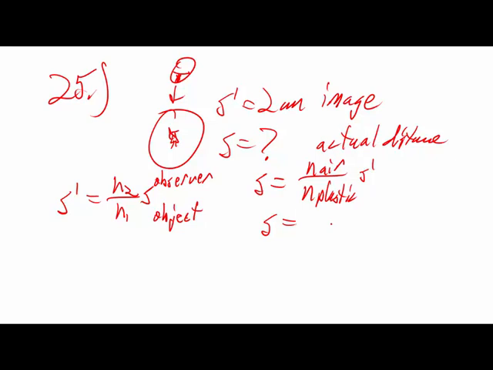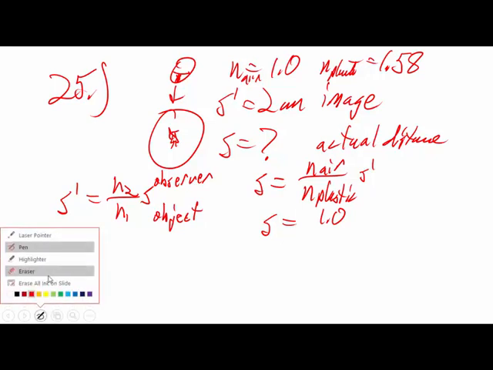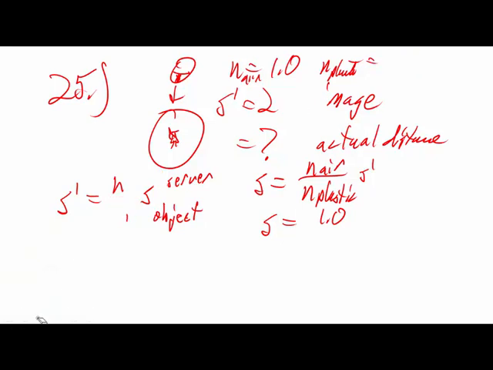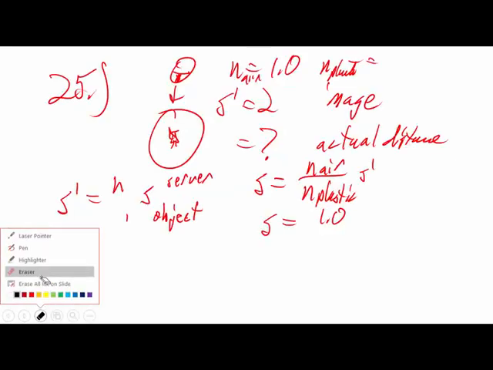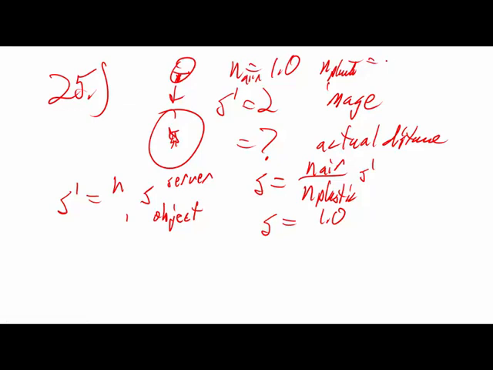So S, the object distance: N of air, you should know that by now, is 1. N of the plastic, you have to look it up in your textbook, is 1.59, not 1.58. And yes, you need to put 1.59.